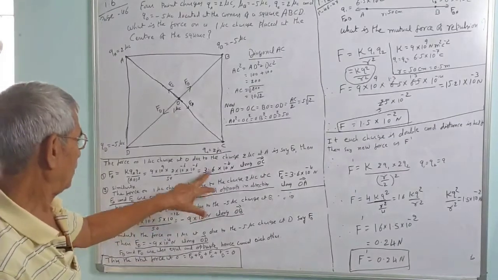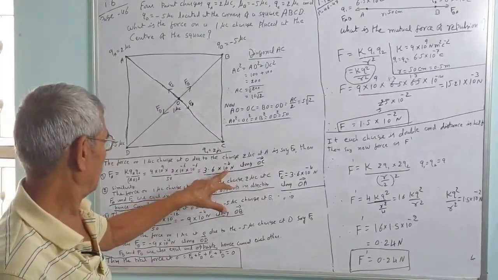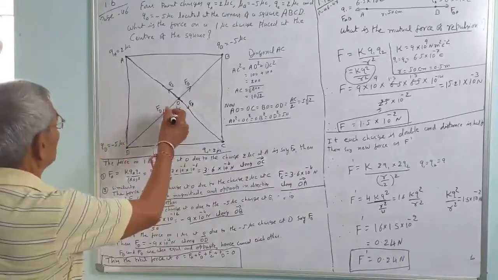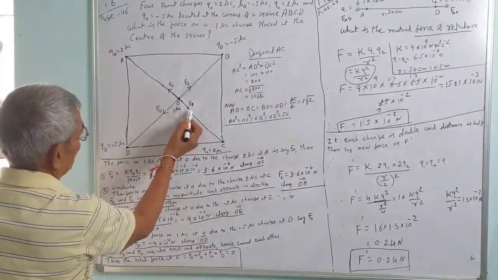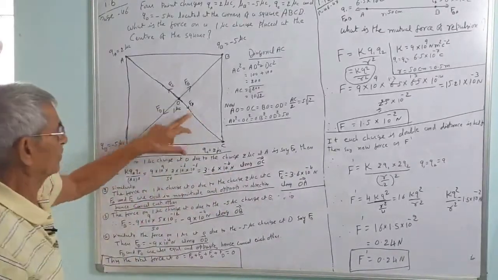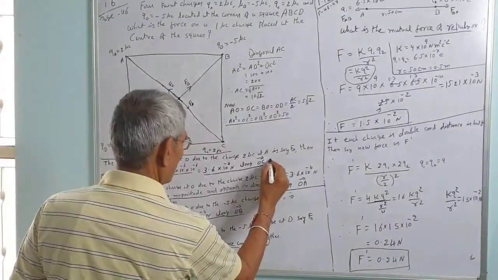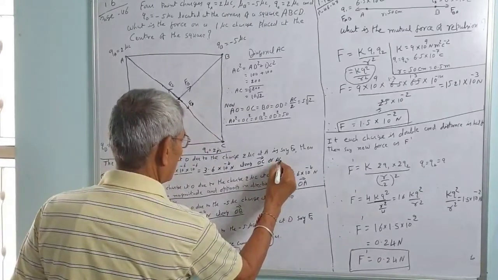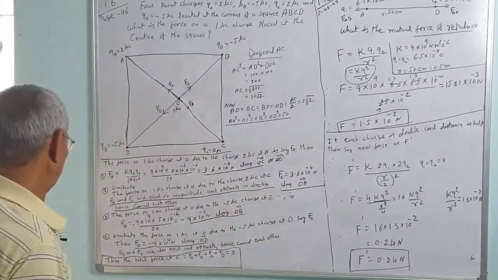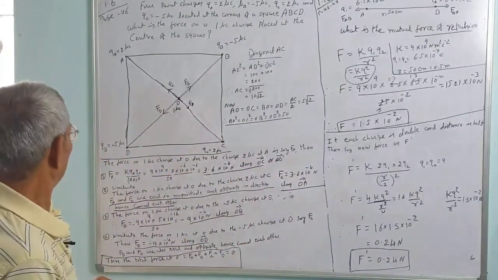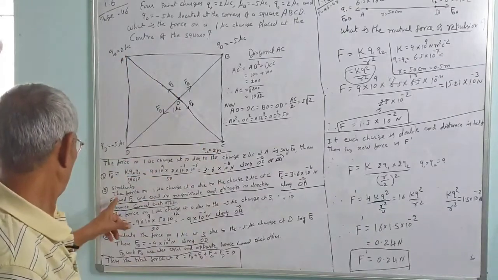This comes to about 3.6 into 10 raised to minus 4 newton. Both charges are positive, so it is repulsive. FA is along the line AO.